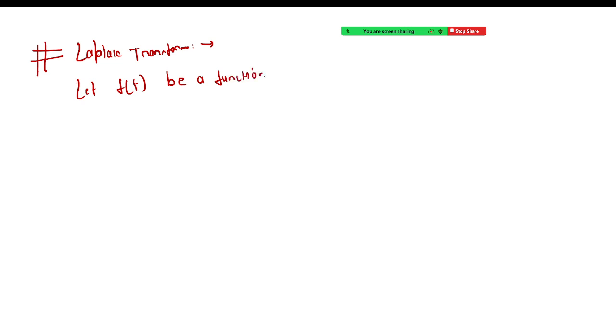So the Laplace transform is, I will be assuming let f(t) be a function defined for all positive values of t, right?